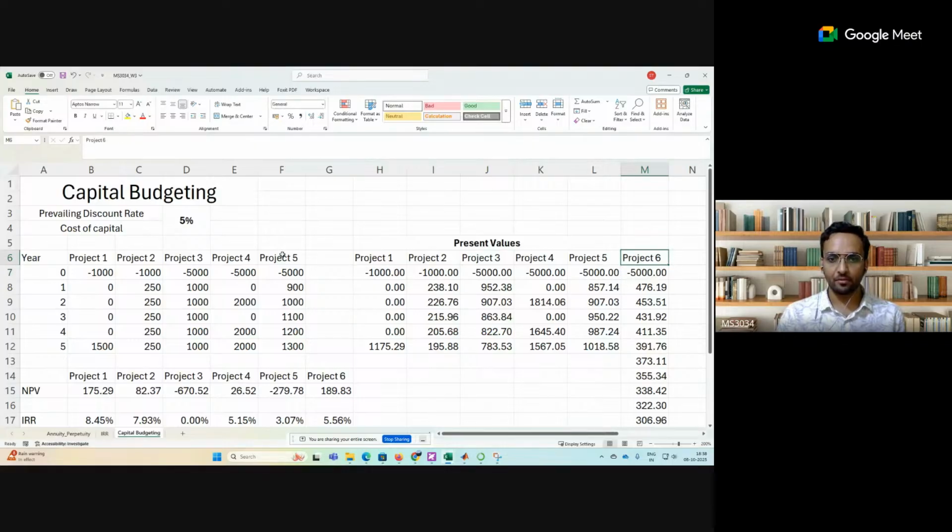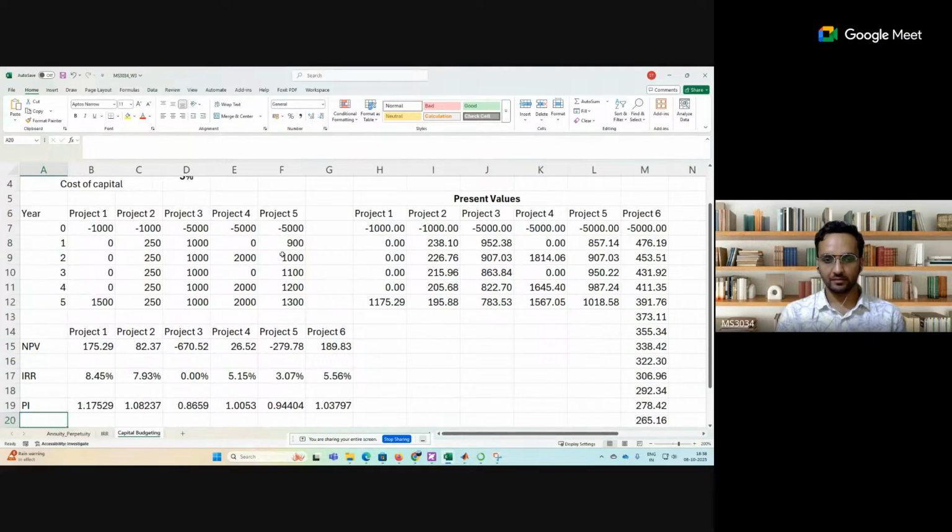This final project, project 6, has an upfront cost of 5,000, and in the subsequent 15 years you get 500 rupees as return. So this is a kind of annuity of 15 years.